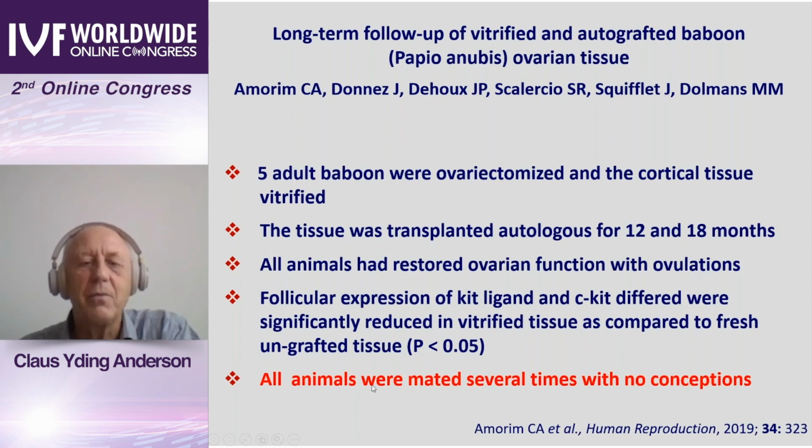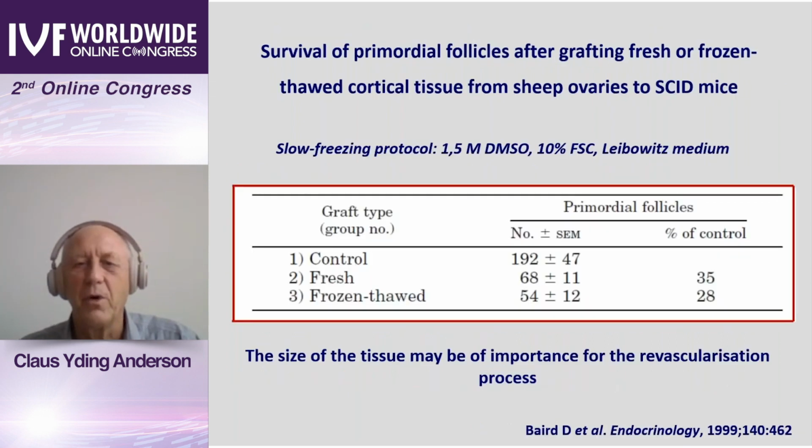But when we looked at whether any of these animals, although they were mated several times, there were no conceptions. So it does appear that it may actually turn out that at least in some circumstances, the vitrification is affecting the tissue in a way that reduces the chance of conception. But this is something which we have to look more into.